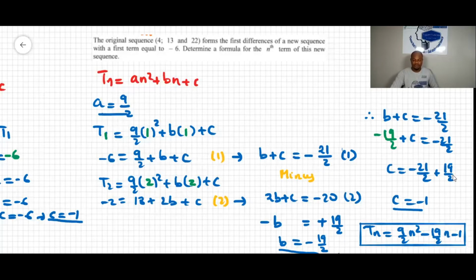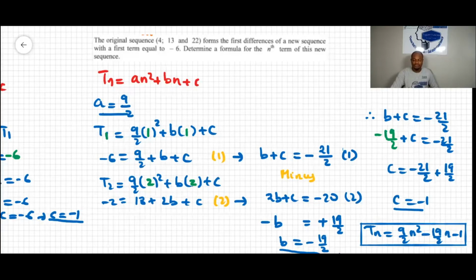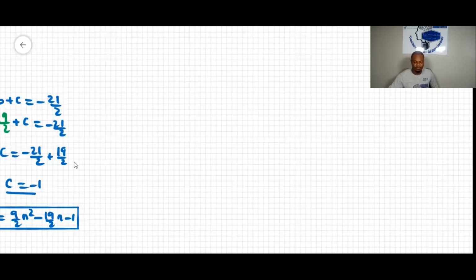There's another formula that you may not know, but we can still use it to solve the same problem. We can write it like this: Tn will be equal to T1 plus n minus 1 times d1, the first difference, plus n minus 1, n minus 2, times d2, the second difference, all over 2.